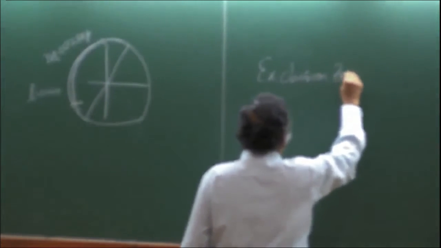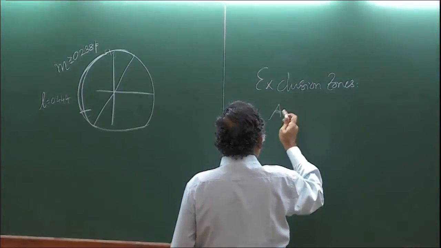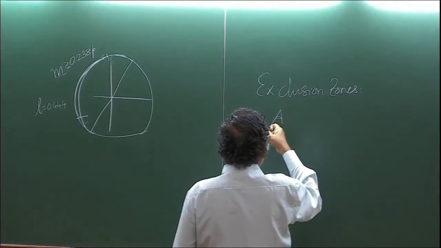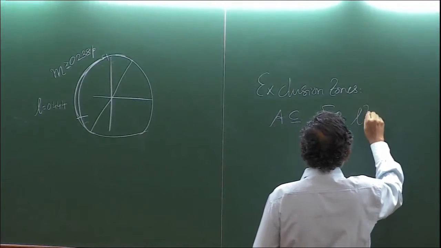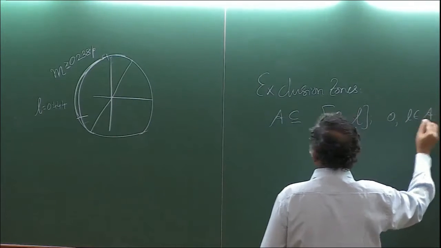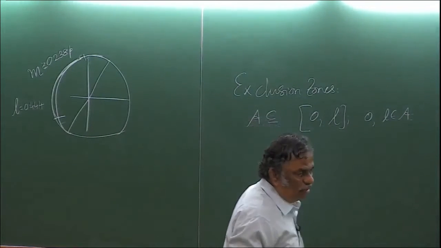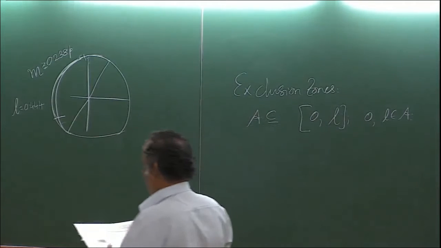Okay, now this is the situation, and what we wanted to do was so-called exclusion zones. Let us assume that A, I called it B, but since I am more accustomed to calling it A, this A will be a general set. A will be contained in 0 to L. And I am also assuming that 0 and L belong to A. Then under these conditions, A minus A is large, is what we want to show.